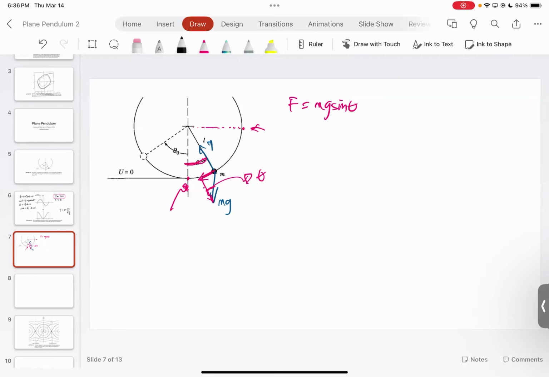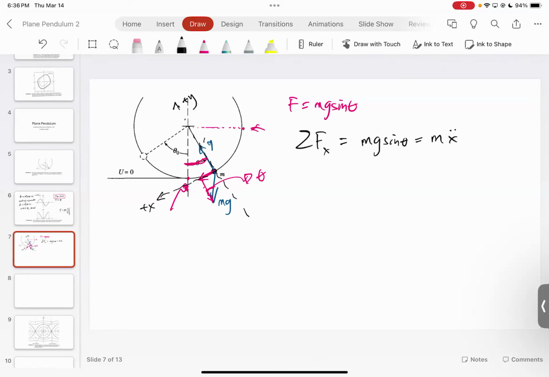Okay, so syempre, i-set up na natin yung equation. So sum ng forces, naglagay tayo ng coordinate system. Ito yung positive y, and then gusto natin na ito yung positive x. So along the x-axis, we have mg sin theta is equal to m x double dot. Now, ito yung konting complication kasi we're describing things in terms of theta sa left-hand side, pero sa right-hand side, it's in terms of position.